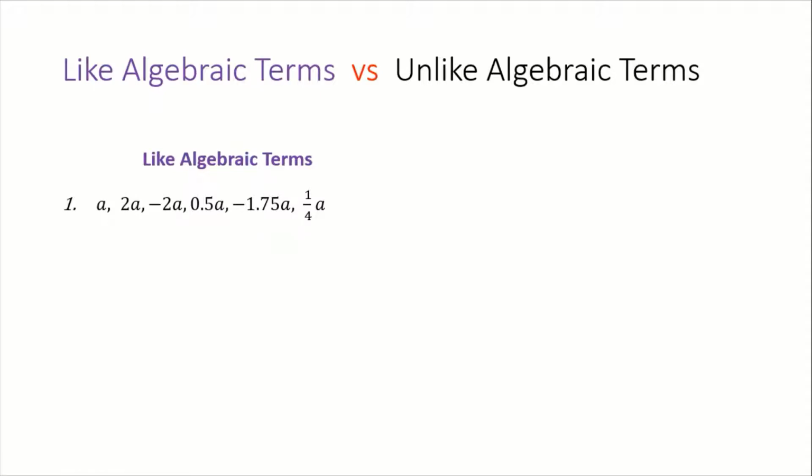Despite the coefficient of each term being different, it doesn't affect the term being like or not. So that is not important. The most important thing is that the letters are the same and the powers of the letters are the same.